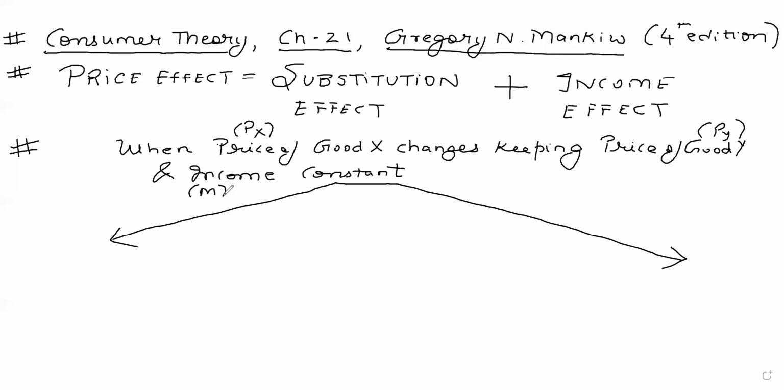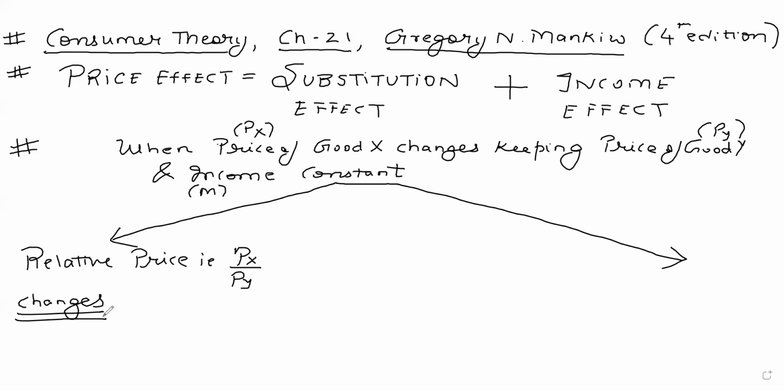Now, two types of forces come into play. One is that relative price changes. Relative price, that is PX by PY, changes. Suppose I say that price of good X falls. What will happen when price of good X falls?